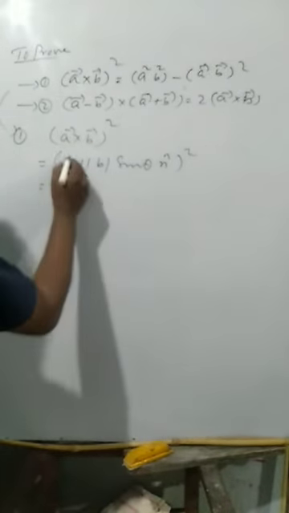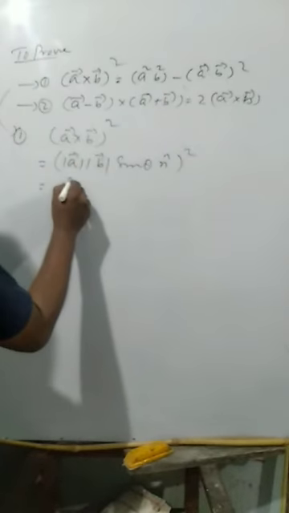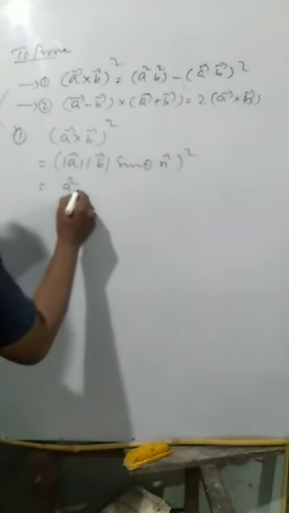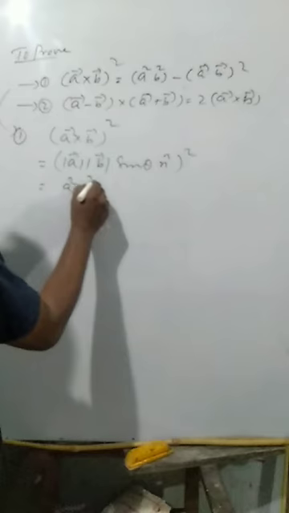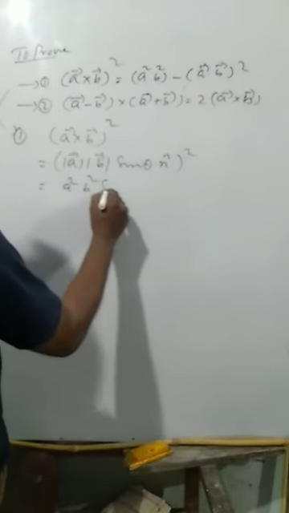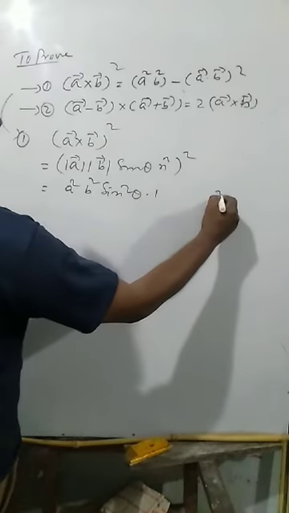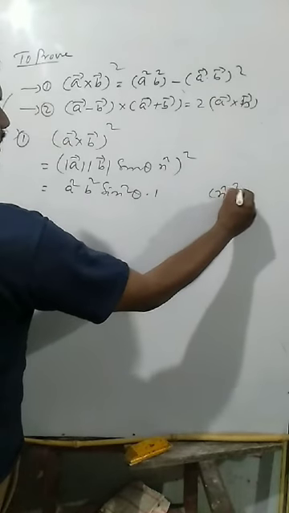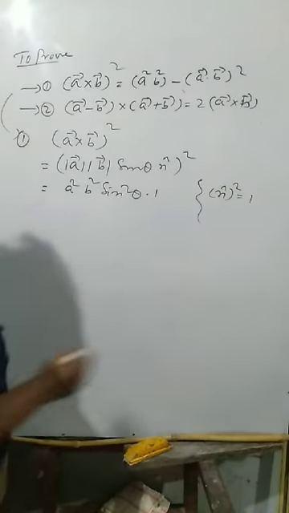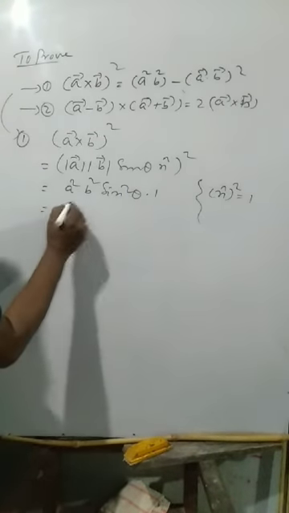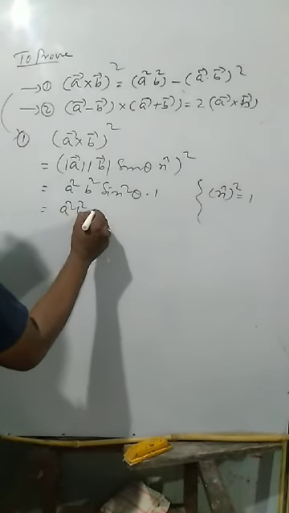A magnitude square equal to A square, B magnitude square equal to B square, here sin square theta. So this is 1 because unit vector square equal to 1. So now you get here A square B square.